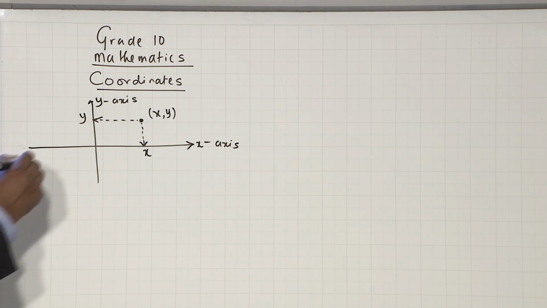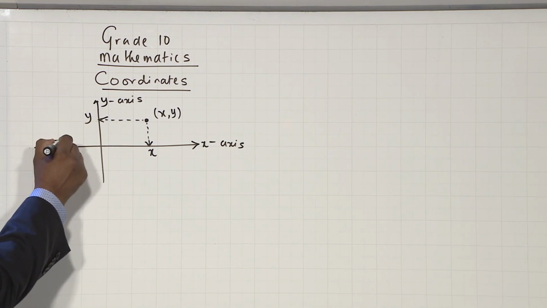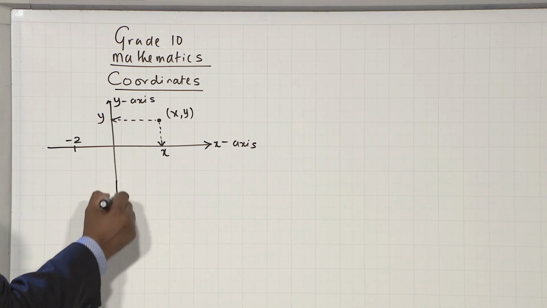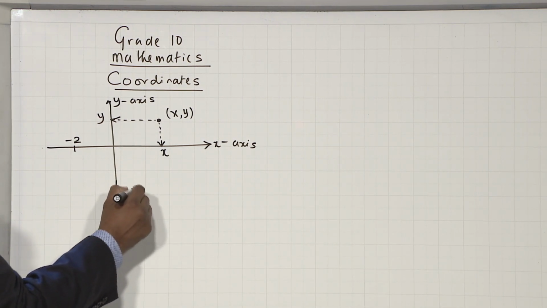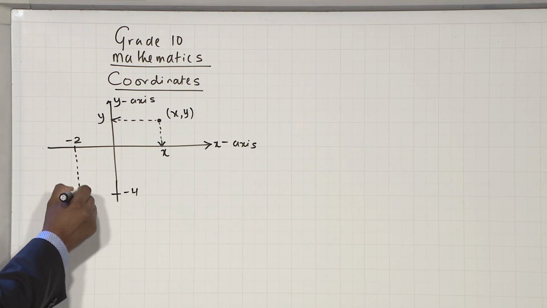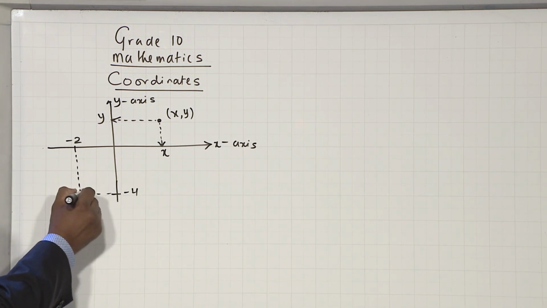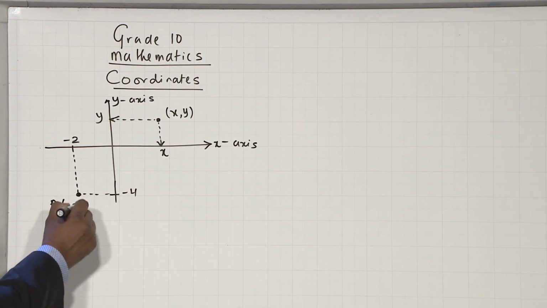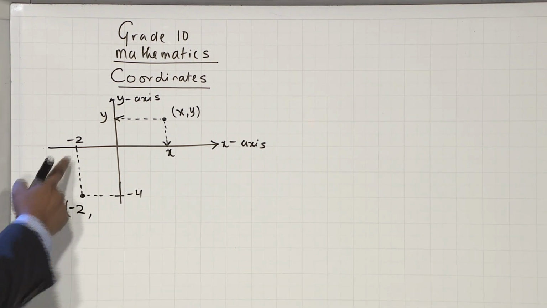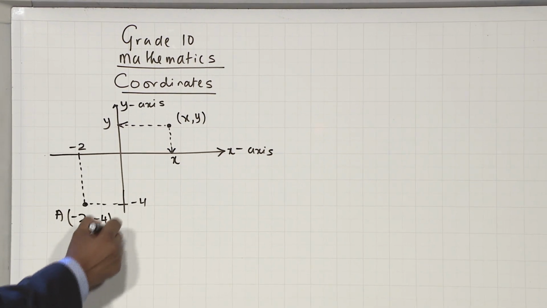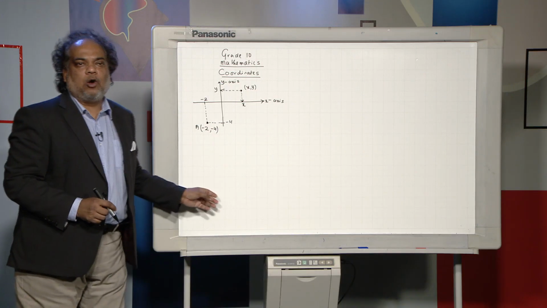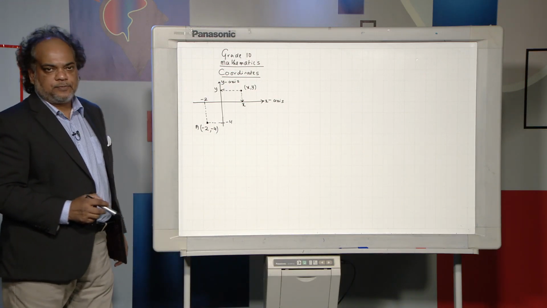So, for example, here, if x is minus 2 and y is minus 4, then this point A would be minus 2, the x-coordinate, and then minus 4. I know that you're aware of the coordinates.